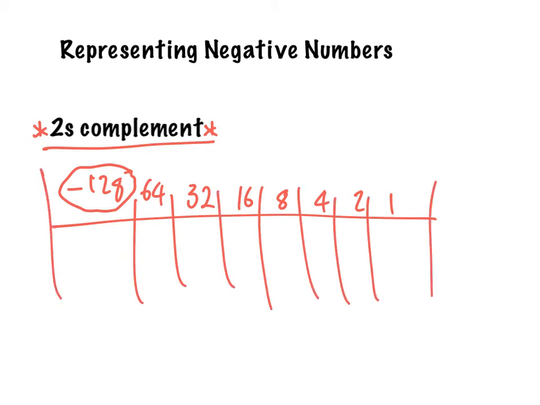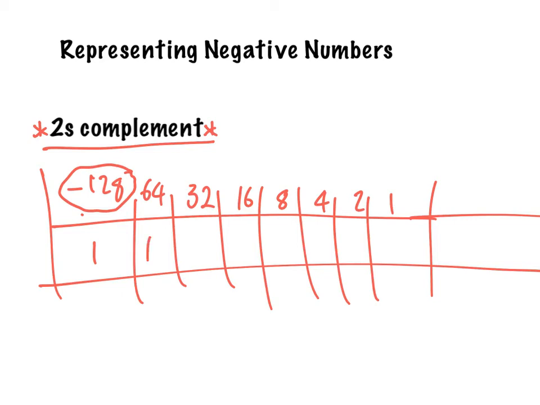So we're going to convert our numbers exactly the same way, but this most significant number is going to be a negative number. So say I wanted to represent the number negative 13. The only way I can get a negative is by making this value on, or giving it a 1 value. None of the other values will allow me to make a negative number. They are all positive numbers, so I must have that negative 128.